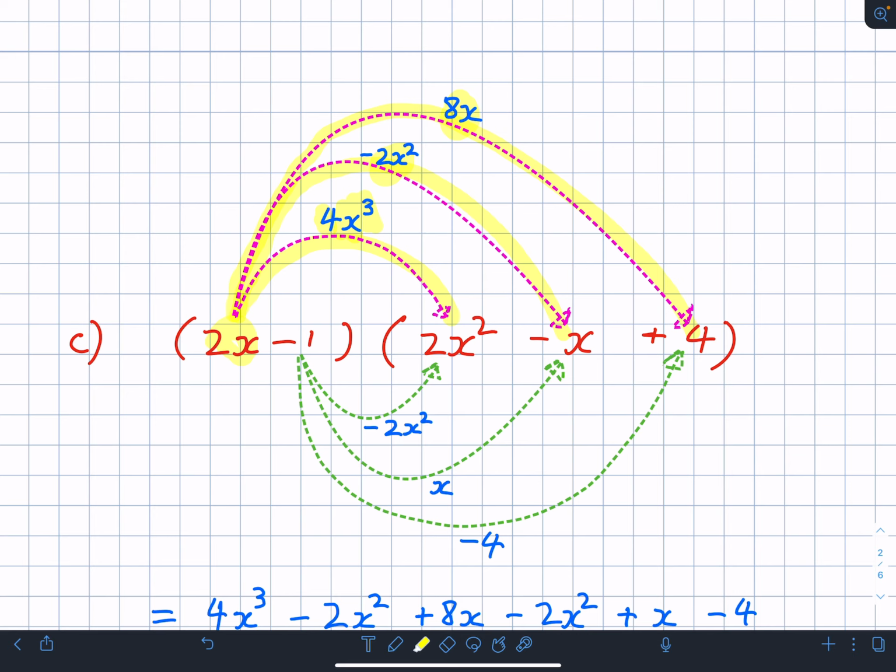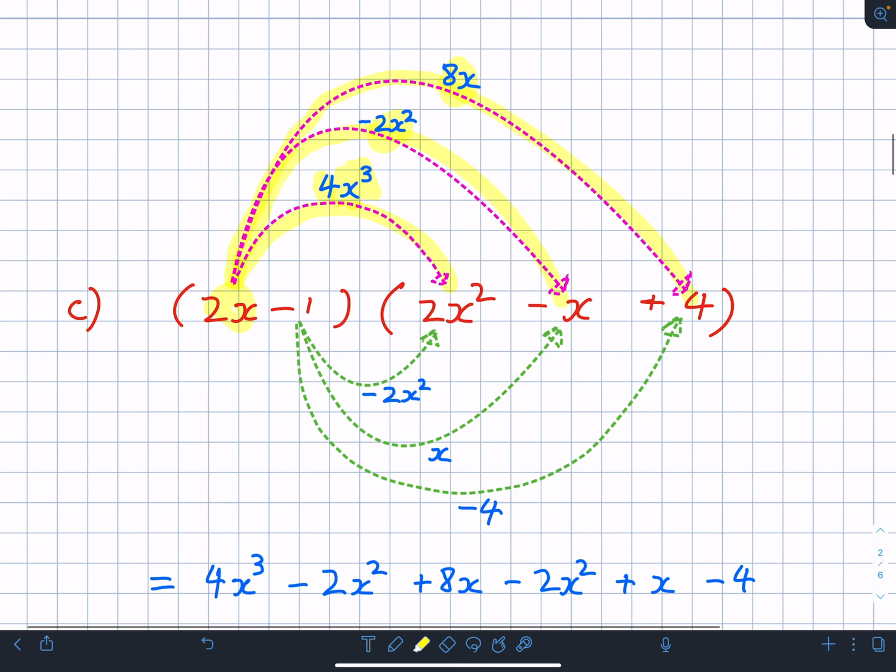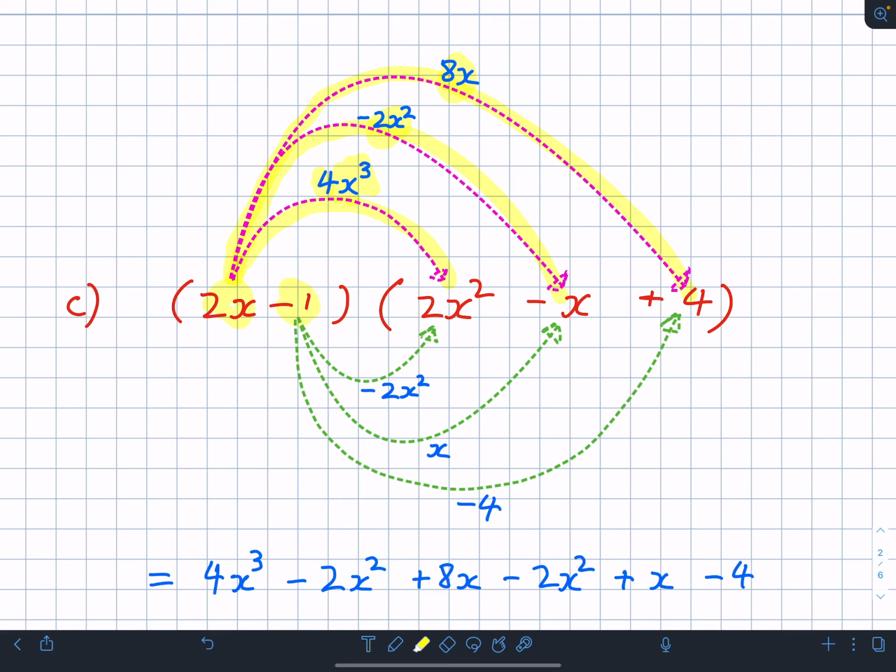So we've multiplied 2x by each of the terms in the second bracket. Now let's multiply negative 1 by 2x squared. It's going to change the sign from positive to a negative, so we have negative 2x squared. Negative 1 times x will give us negative x. And negative 1 multiplied by negative x will give us x.